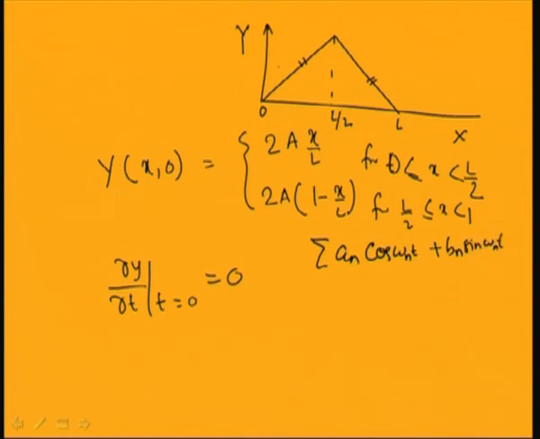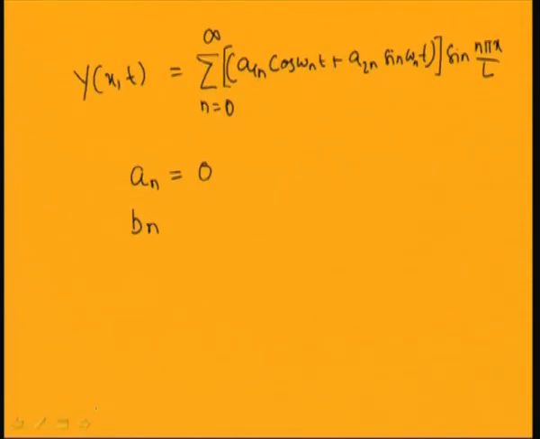So, you can express this y(x,t) in terms of a harmonic function, a n sin omega n x plus b n sin omega n x. After writing this in terms of the harmonic function, you can find that for this particular case a n equal to 0 and b n equal to minus 1 to the power (n minus 1) by 2 into 8a by pi square n square, and b 0 equal to 0.